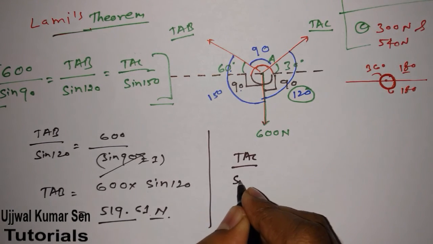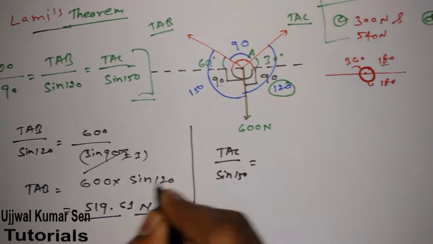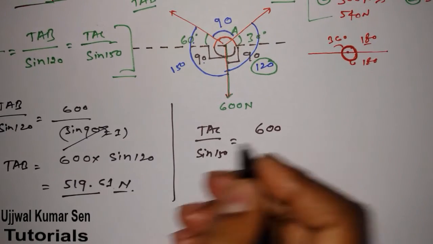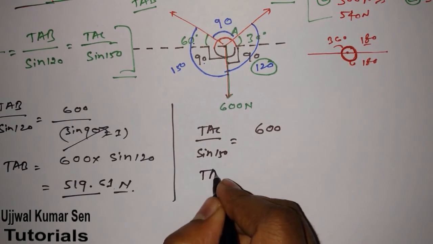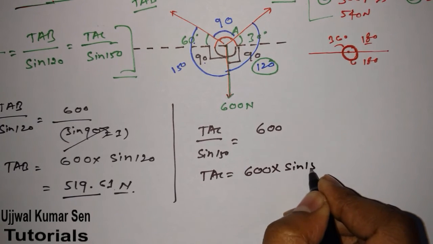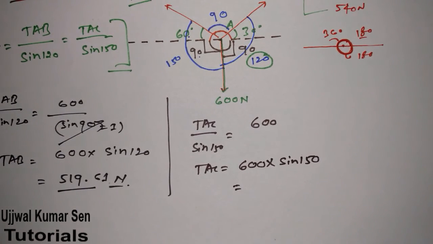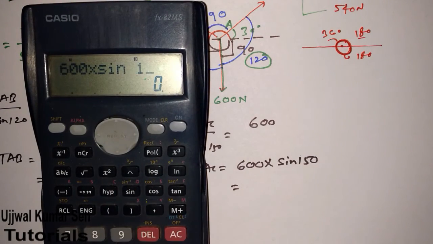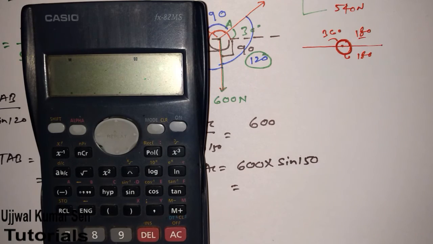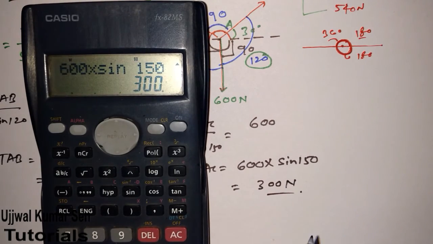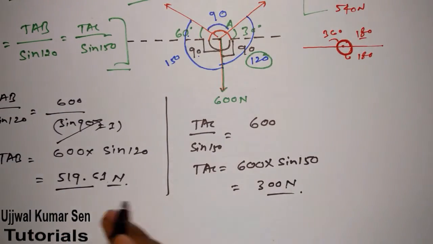TAC by sine 150 is equal to 600, we can also write it like so. TAC is equal to 600 multiplied by sine 150. Therefore, what we can write basically is 600 multiplied by sine 150. It's 300. Unit would be Newton, and here also the unit is Newton.